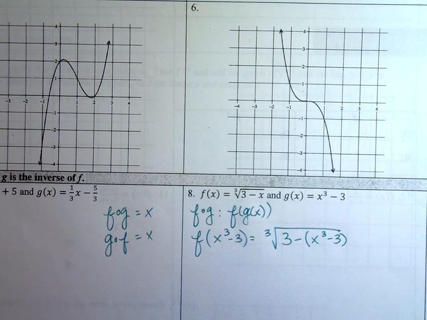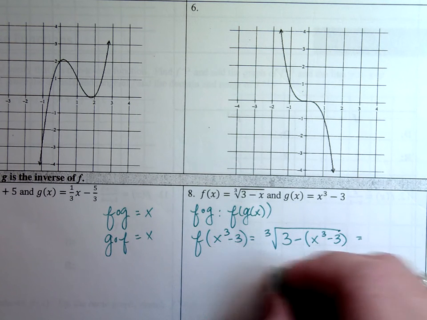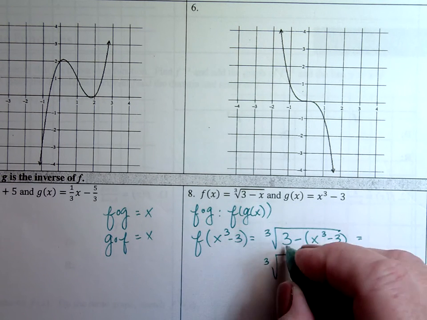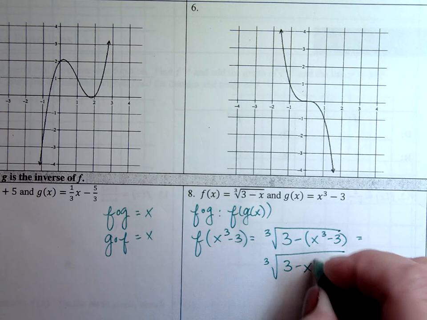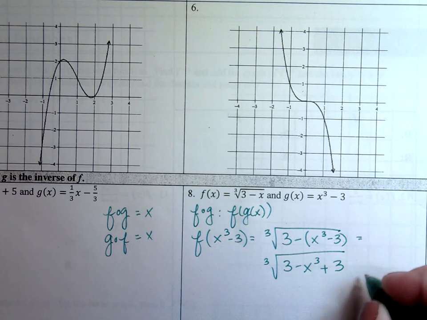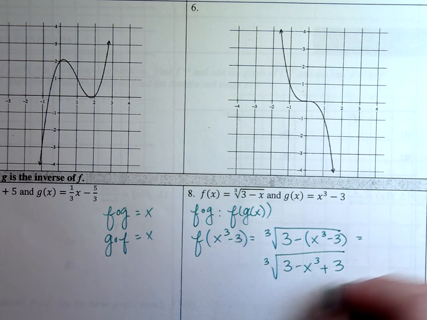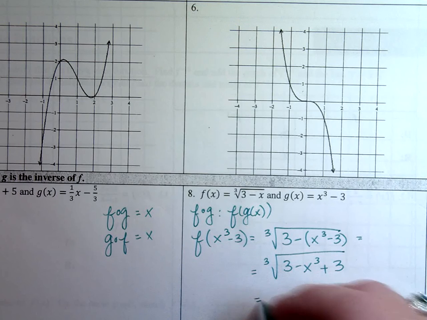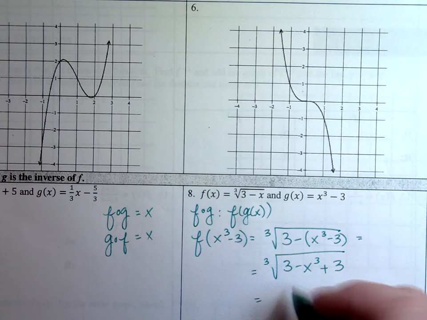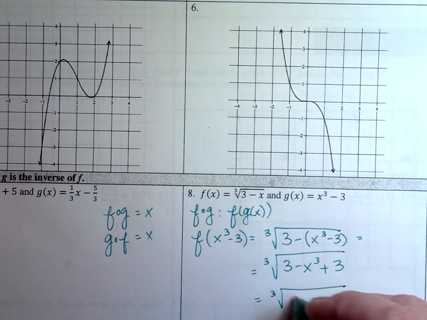And then you're going to work out the details for this. If I distribute, I get the cube root of 3 minus x cubed plus 3. 3 plus 3 is 6. I've got the cube root of 6 minus x cubed.